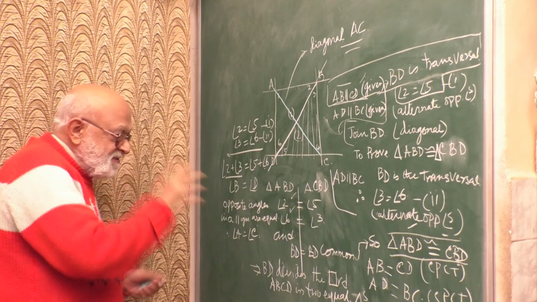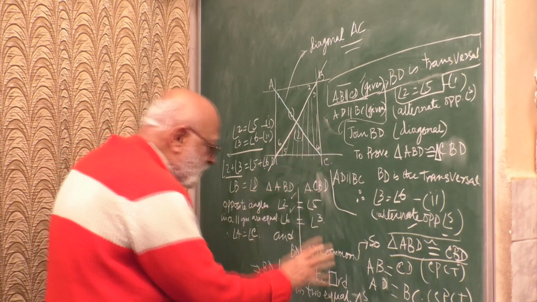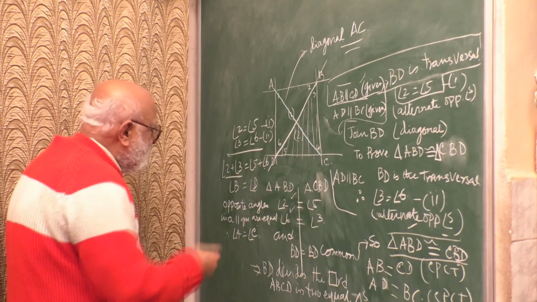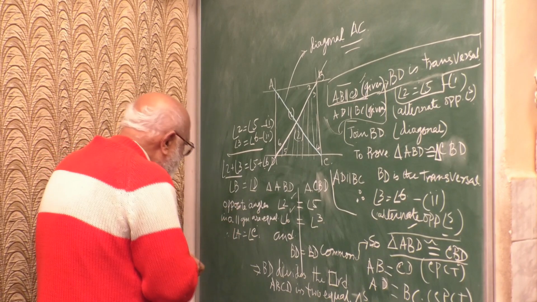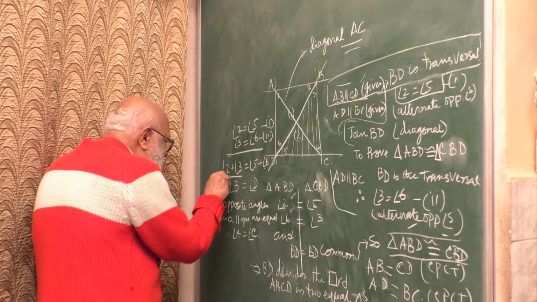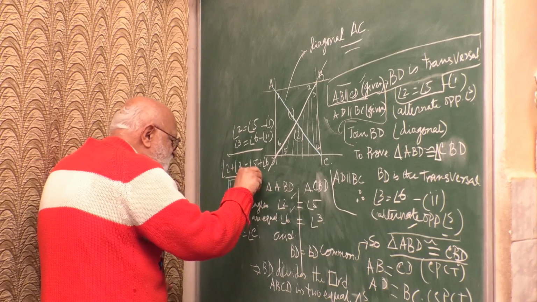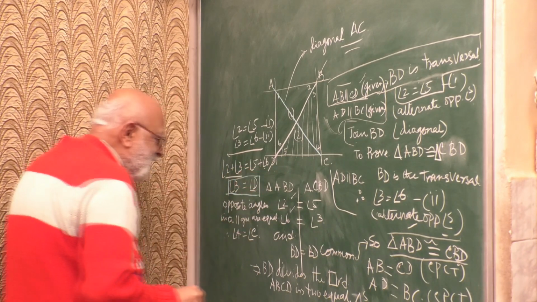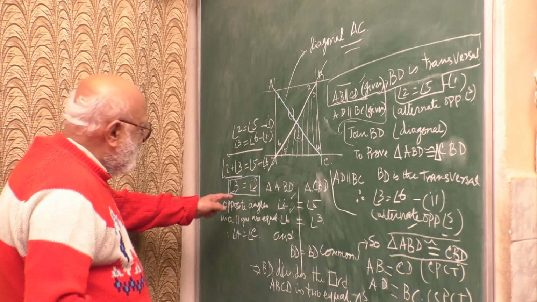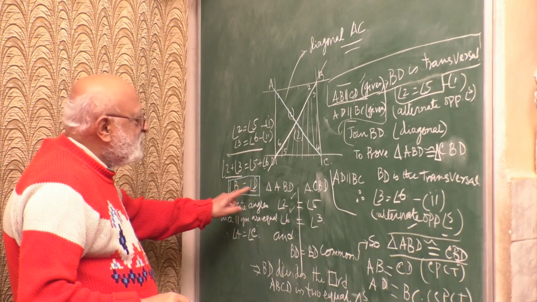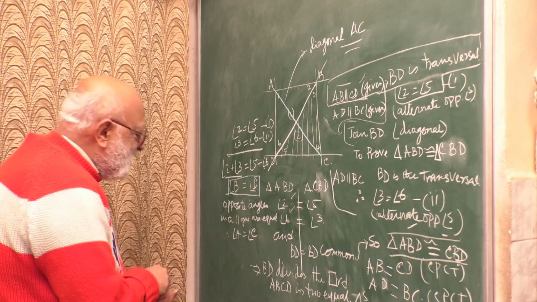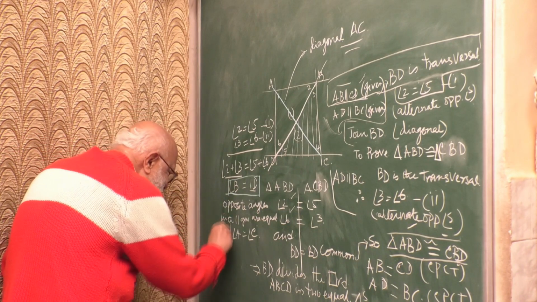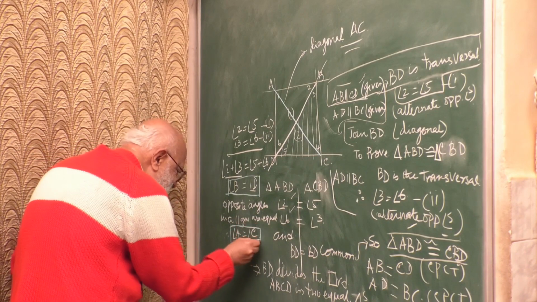This is what the congruency tells you. Another thing we have ultimately proven is that opposite angles are equal. We have proven that angle B is equal to angle D. Similarly, we have also proven that angle A is equal to angle C.